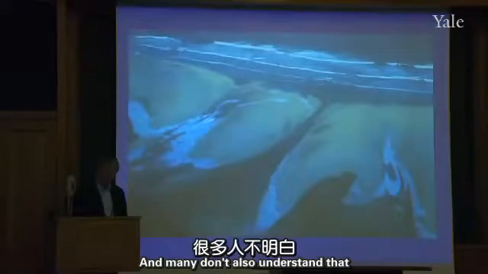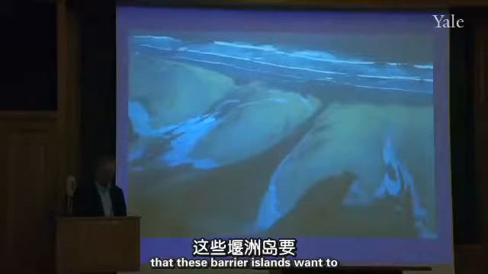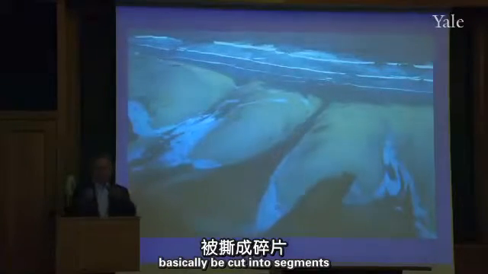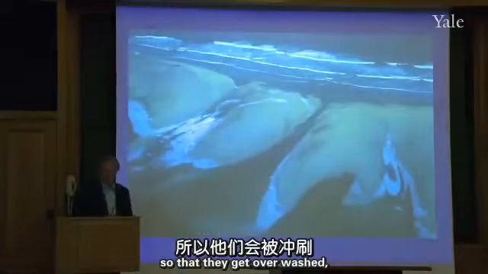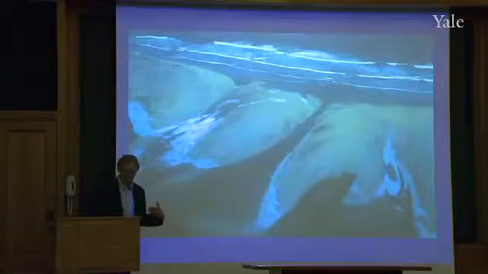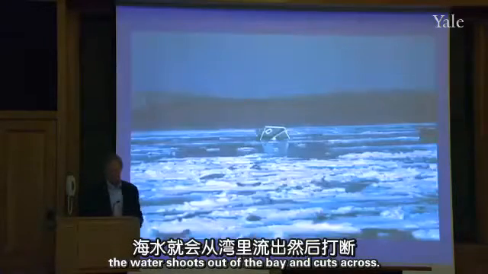And many don't also understand that during periods of intense storms, these barrier islands want to basically be cut into segments, so that they get overwashed, and then as the bays behind them fill up, the tide goes down and the water shoots out of the bay and cuts across.